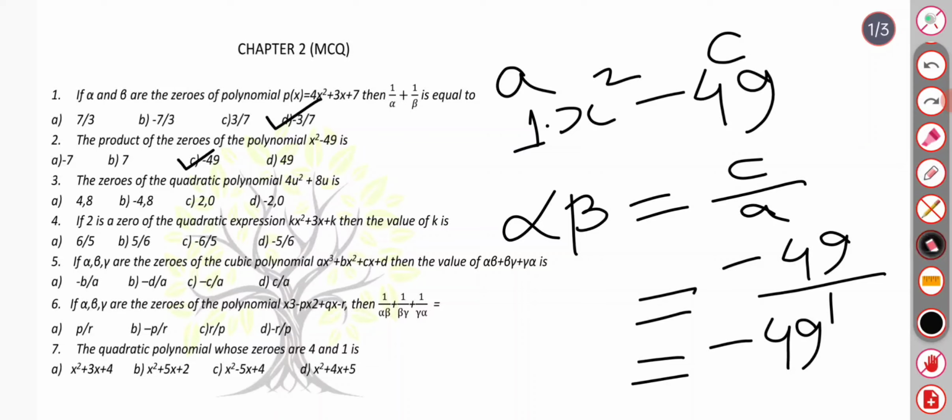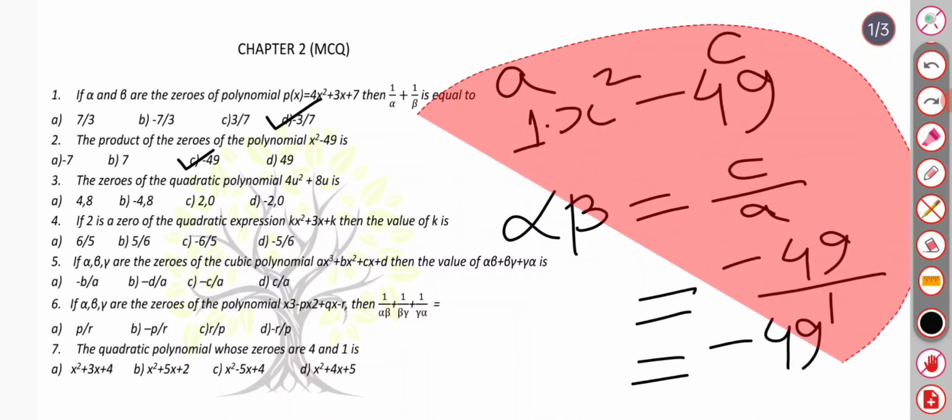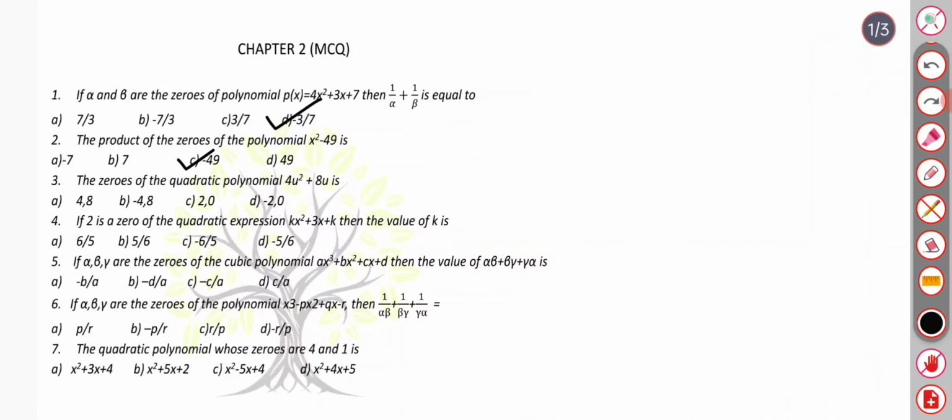Okay, let's see question number 3. The zeros of the quadratic polynomial 4u square plus 8u is. So we need to find the zeros of the quadratic polynomial 4u square plus 8u. Now from this equation, what we can take common?